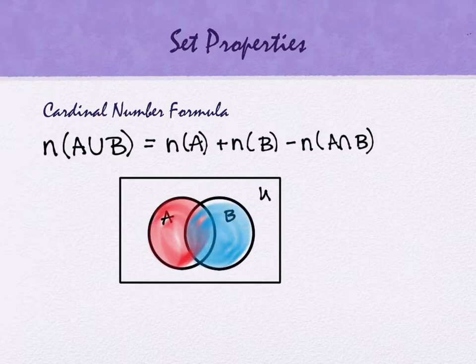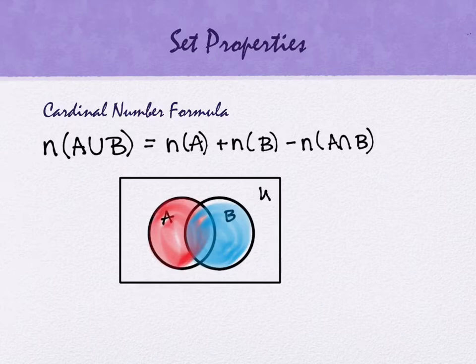And what happened in the middle? I counted it twice. I shaded it in red, and I counted it when I shaded it in blue. So I shaded it twice. So we have to compensate for the double counting, and that's why we're subtracting at the end. We're not removing the center entirely, we're just removing it once because I counted it twice. So that's the cardinal number formula and why that works, from a graphical standpoint.